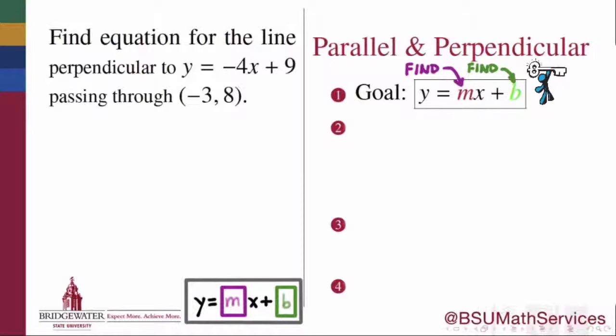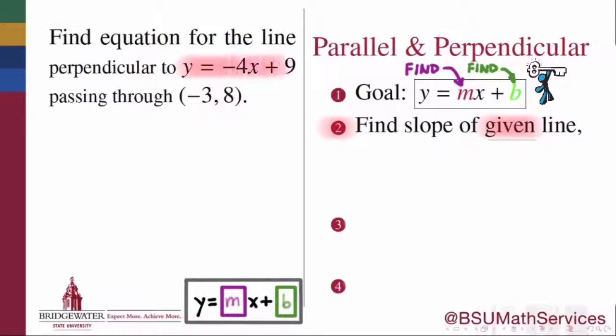Now that we know what the goal is, let's take a moment to understand the line that we've been given initially in our problem. To do that, let's pay special attention to the slope of that line.